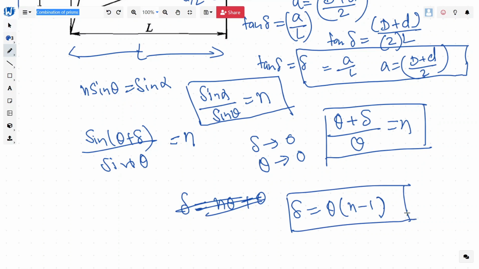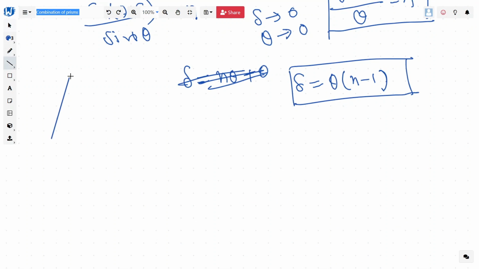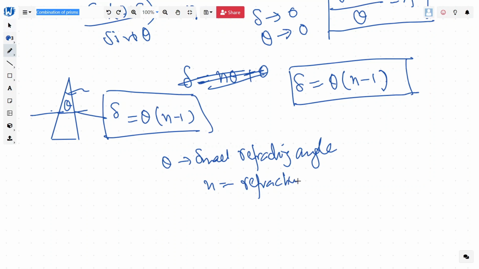So we can simply find the deviation like that, and this is a very important concept: whenever you have a prism, any prism with very small refracting angle, like 1 to 5 or 6 degrees, a very small angle theta, we can say that the deviation of the ray of light, this delta, will be simply theta into n minus 1, where theta is the small angle and n is the refractive index of the prism.